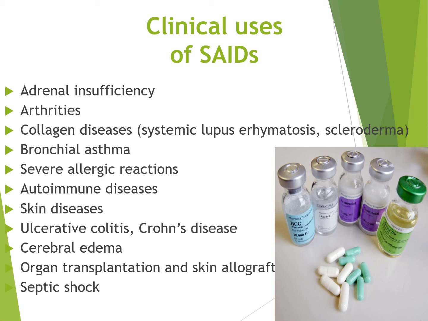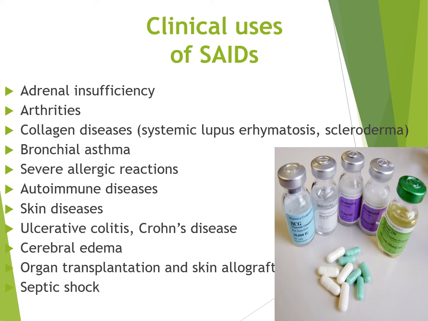Also in ulcerative colitis and Crohn's disease we use it. In intestinal disease I didn't tell about it. This is chronic inflammation in intestinal disease, and may be in phase of remission or in the phase of exacerbation, and corticosteroids are indicated during acute phases.